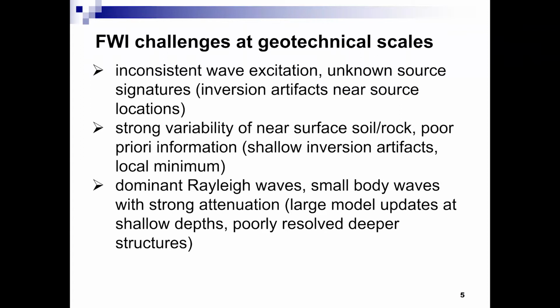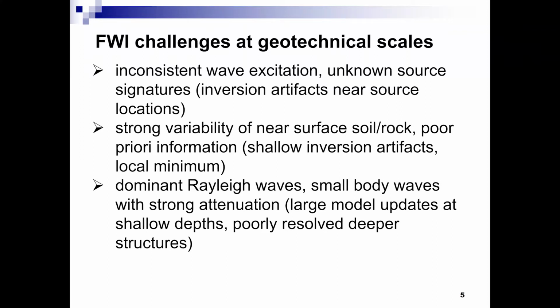We often see variable soil and rock in the first few meters, and coupled with poor prior information in the initial model, this will generate shallow inversion artifacts or local minima. So we see a lot of anomalies in the first 5 meters, but we don't see anything deeper than that.